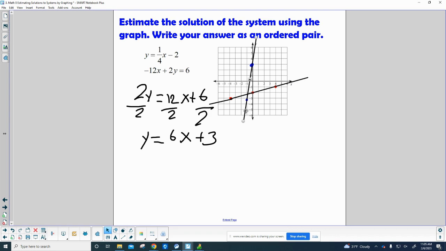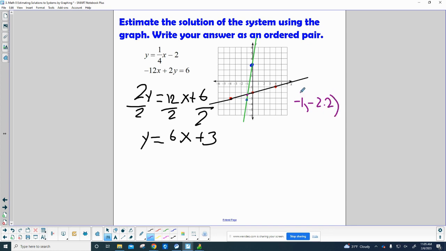Okay, now that we've got our line in place, we look and see, and it looks to me like it's at about -1. I'm looking for this little dot right here. Let me mark that a little better with a different color. So that purple dot looks like it's at -1 and -2.2.